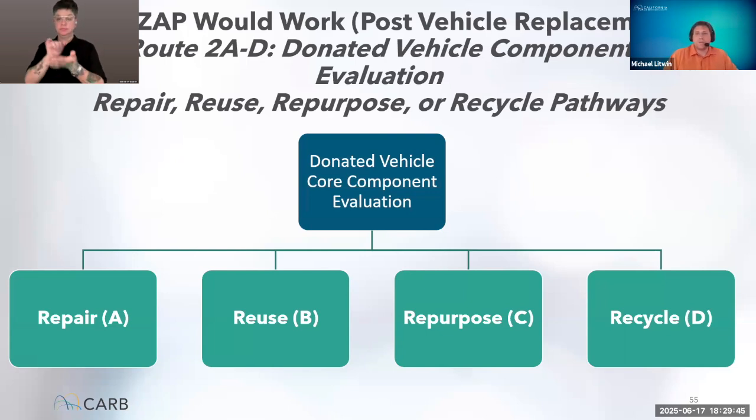The donated vehicle components evaluation determination will consist of 4 preliminary recommendations for each component group. Examples of component groups are battery pack, battery management system, also known as a BMS, drivetrain, and vehicle shell.